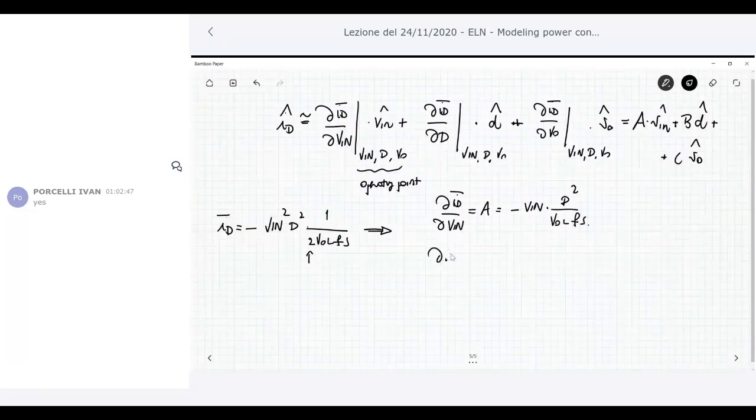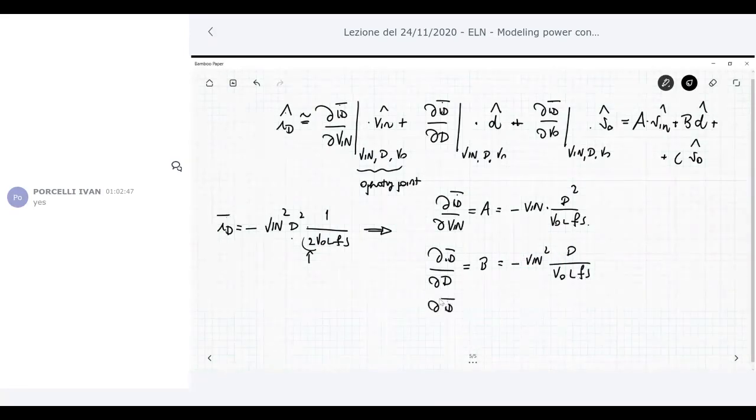The ID over the duty cycle is the coefficient B, and this is again d square, so minus 2d, and the 2 simplifies with this 2 at the denominator, so minus V in square d over V naught L fs.